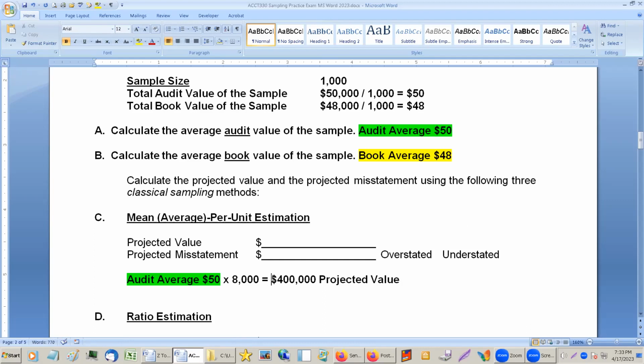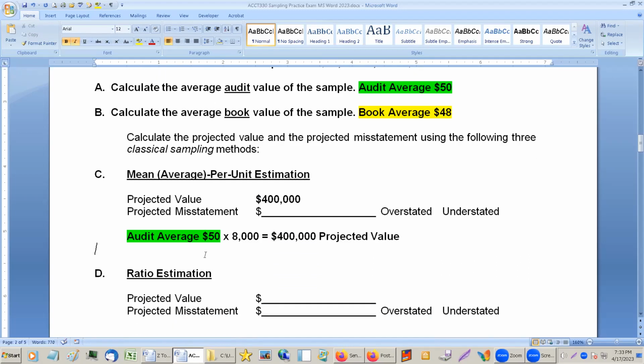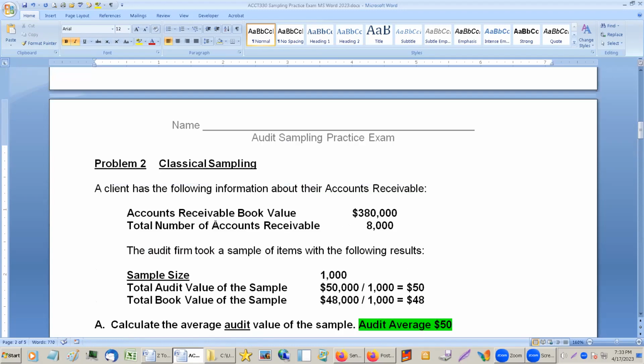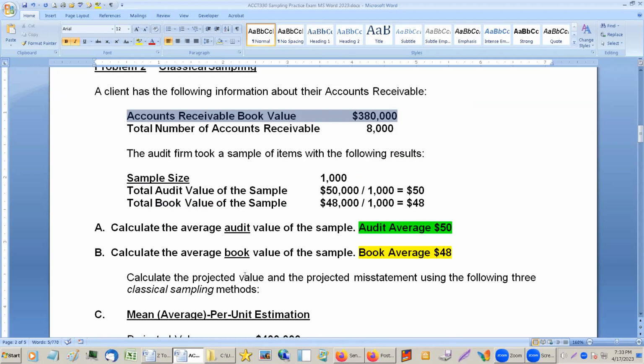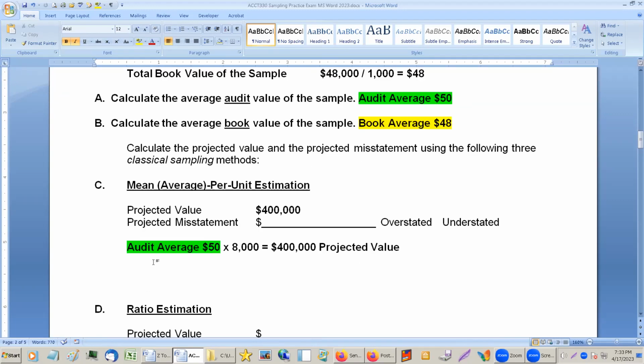Now we have to figure out the projected misstatement.